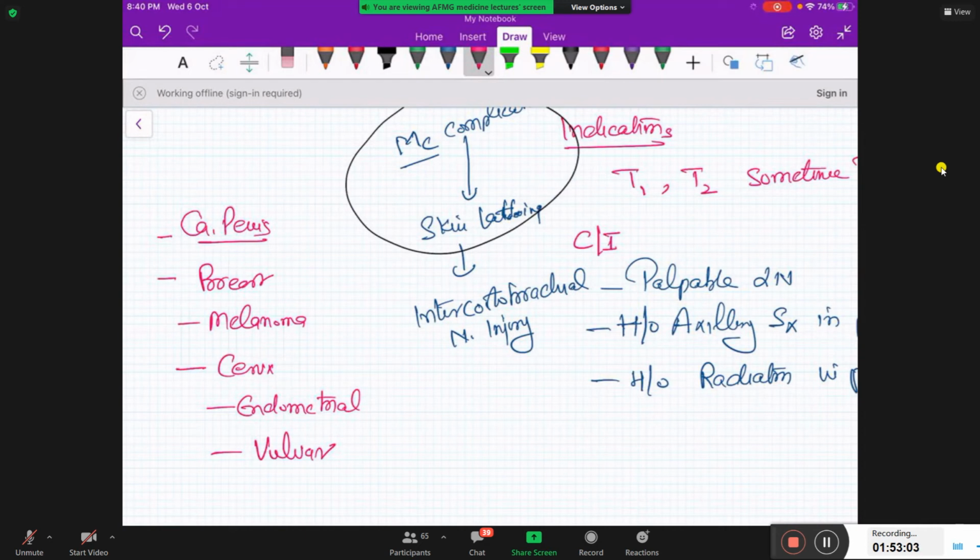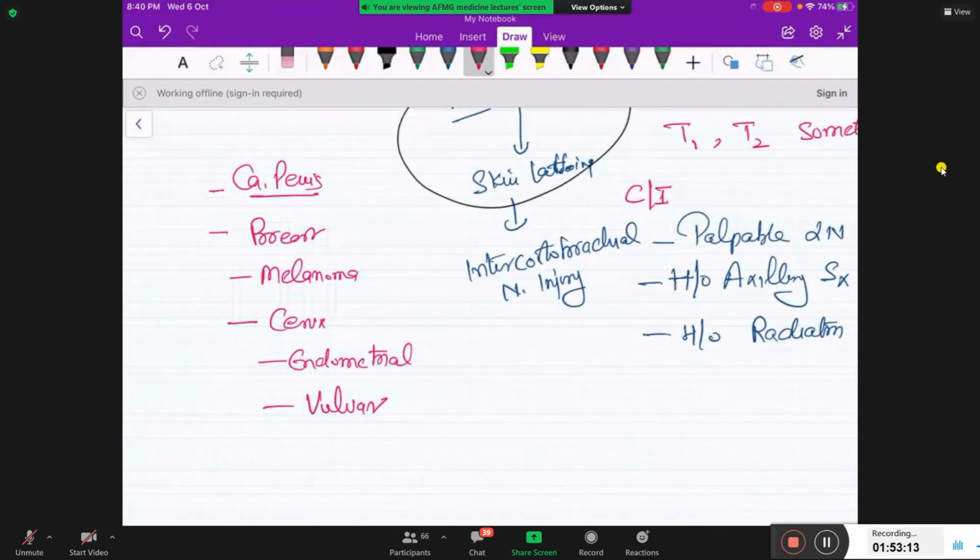Means in these malignancies, before doing a lymphadenectomy, we always do sentinel lymph node biopsy.